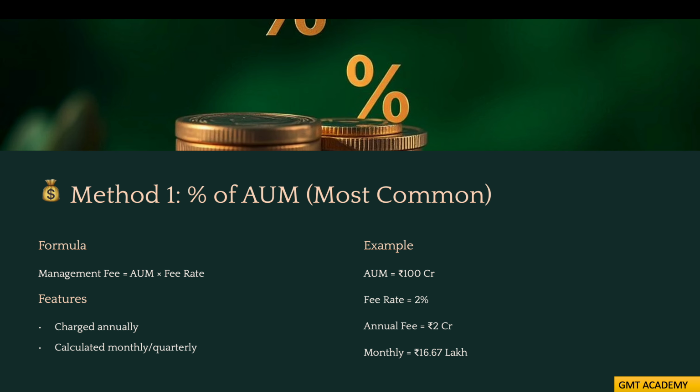So where does the fee rate come from? The fee rate comes from the agreement signed between the fund managers, the GP, with the LPs and the various stakeholders. They decide what fee structure should be there. It may be monthly, quarterly or yearly, and the percentage as well.